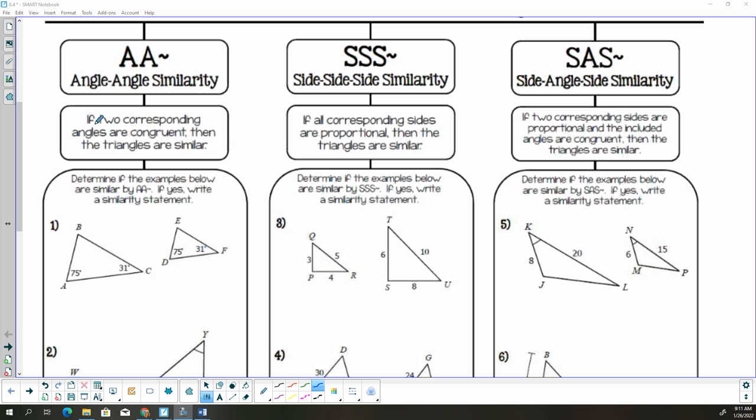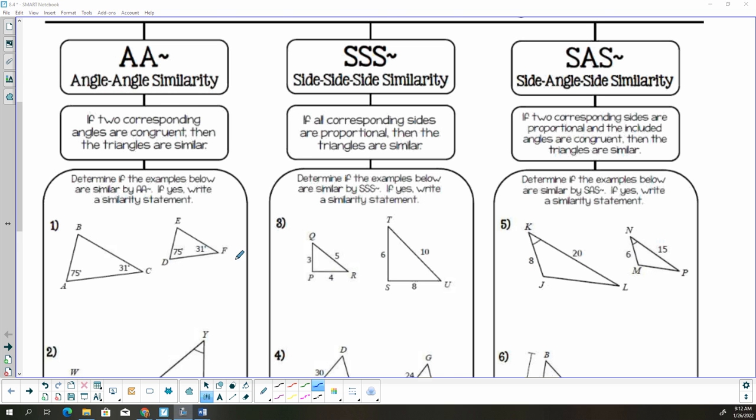AA means that 2 corresponding angles are congruent, and side angle side means 2 corresponding sides are proportional, and the included angle is congruent. So this goes all back to the definition of similarity. And the definition of similarity states corresponding sides are proportional and corresponding angles are congruent. So we want the angles to be congruent, we want the sides to be proportional.